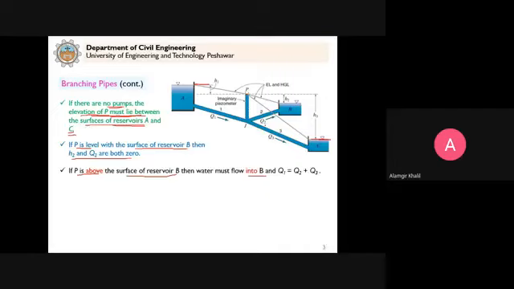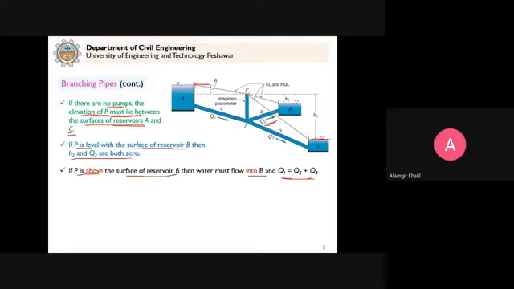So in that case, water will flow into reservoir B. Clear? And then the continuity equation at J will be Q1 equal to Q2 plus Q3.